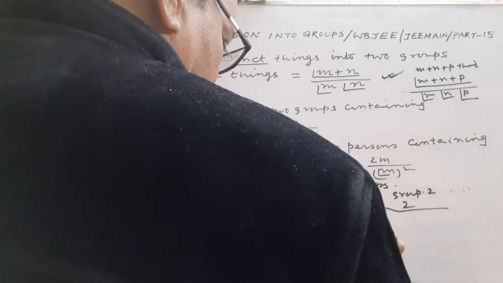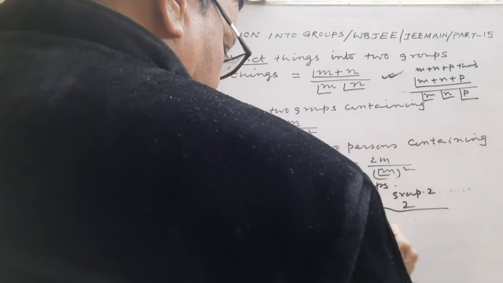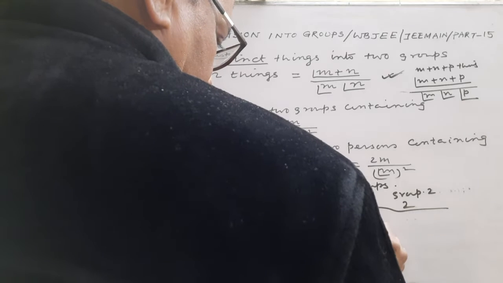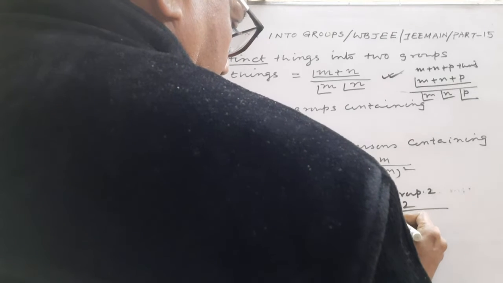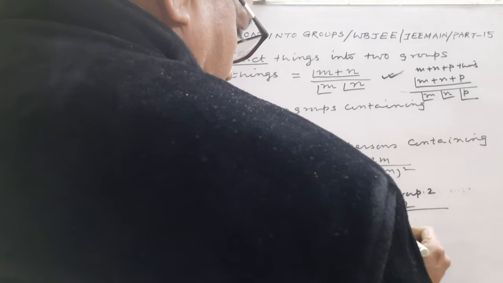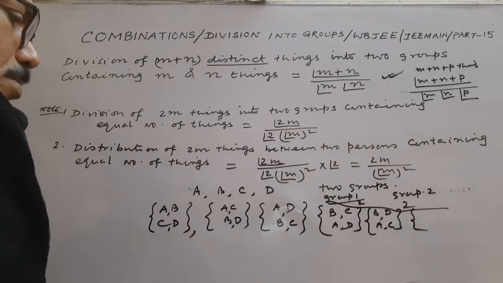AB and BA are the same, so BC, AD, BD, so AC.